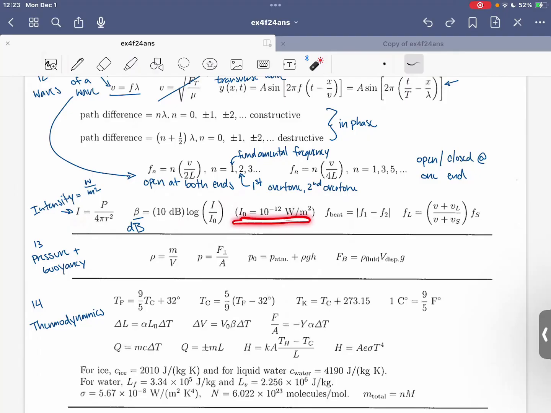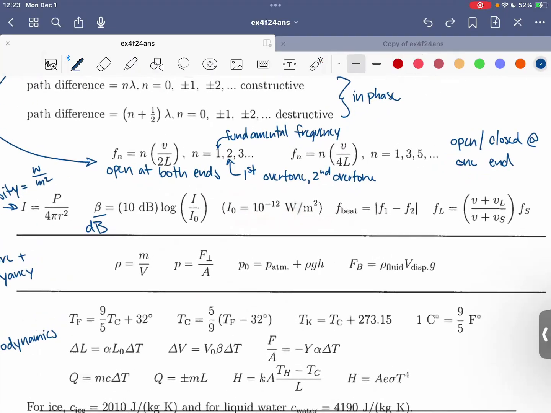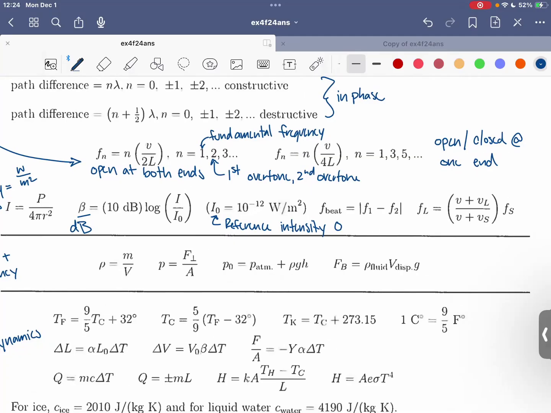This right here is what's called the reference intensity. And what the reference intensity is, it's the minimum sound a person can hear. So it's basically 0 decibels or whatever you would call it. So I'll write 0 decibels right here.